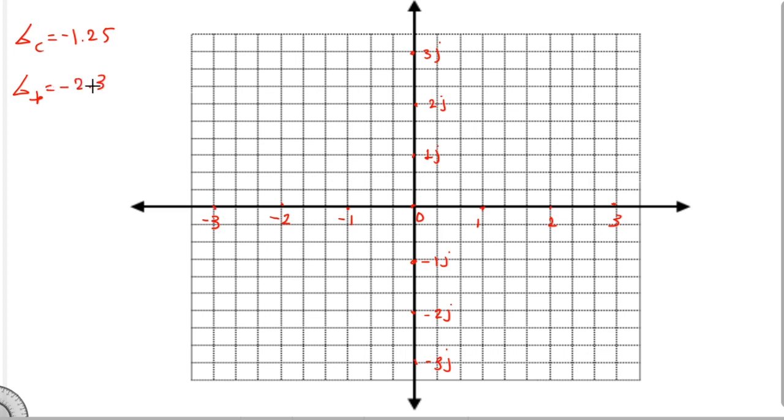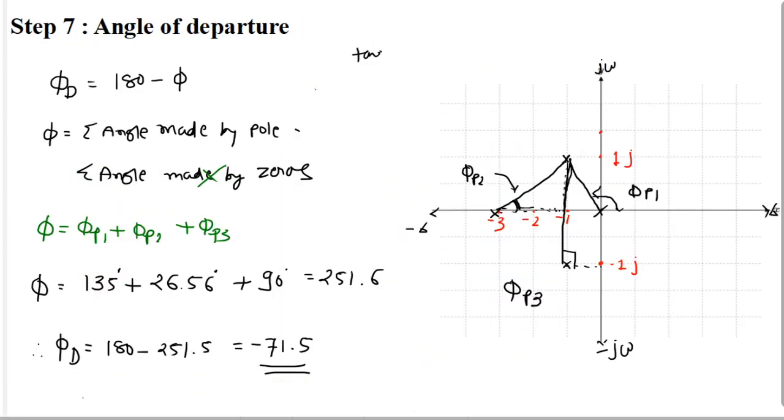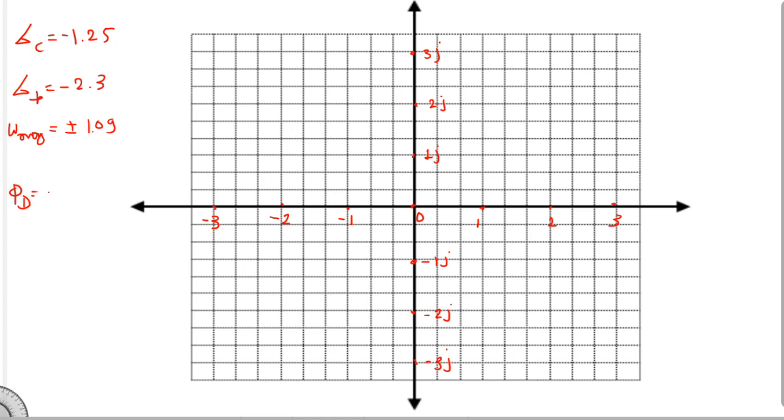Omega marginal is plus or minus 1.09, which we already obtained in the last step. Then the angle of departure, that is minus 71.5. This angle of departure is for the pole at minus 1 plus 1j, then phi d is equal to plus 71.5 for the pole at minus 1 minus 1j. Let's now plot everything.